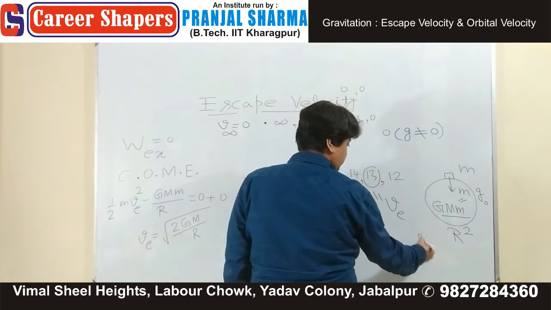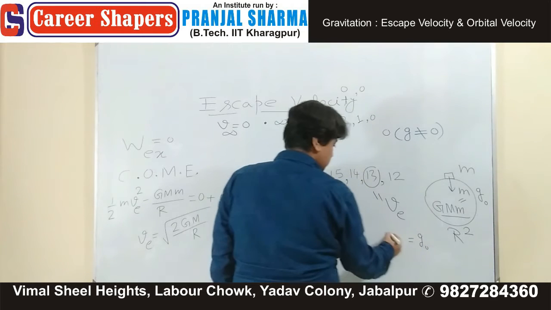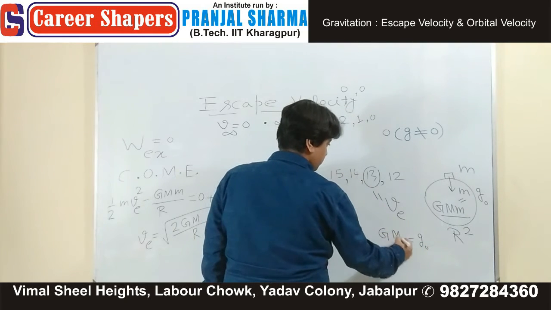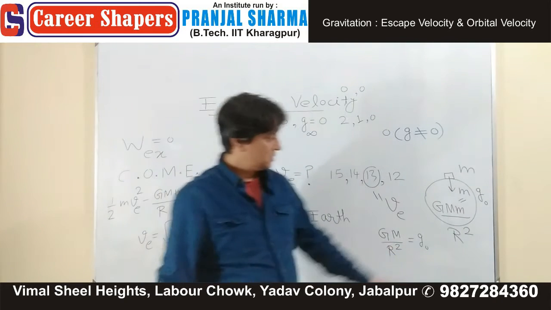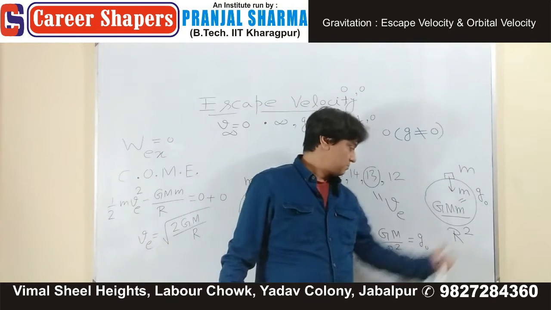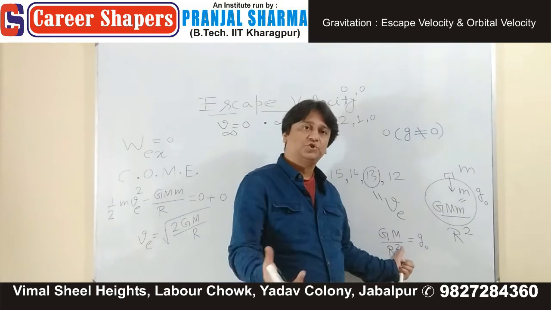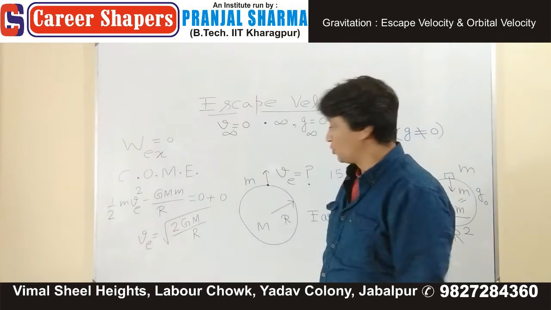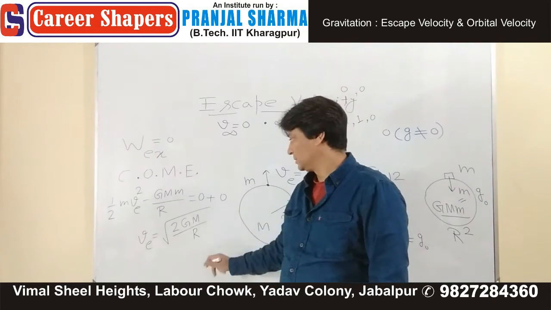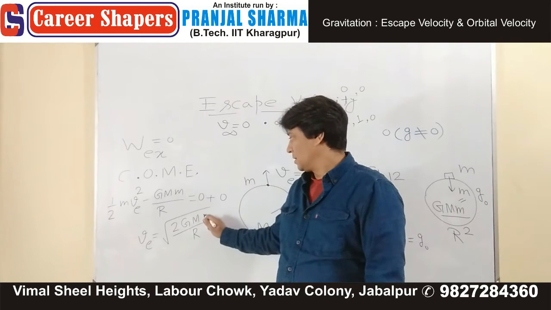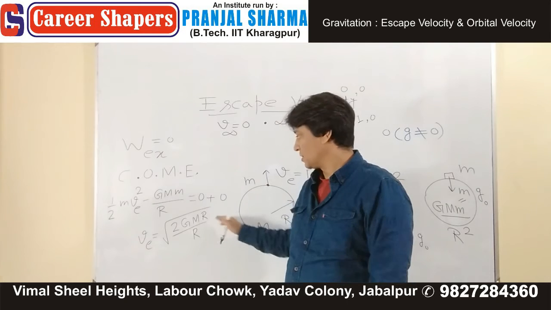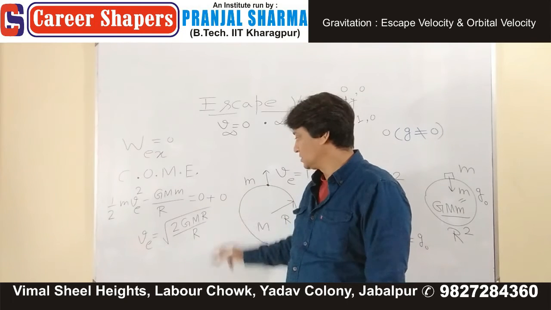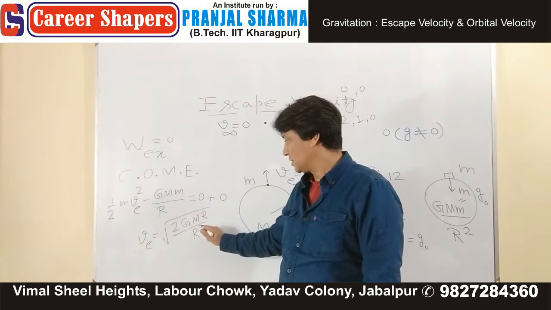Your g naught is GM divided by R square. So you can do this. You can write after this, use an equal sign and then do this. Multiply with R, divide by R.